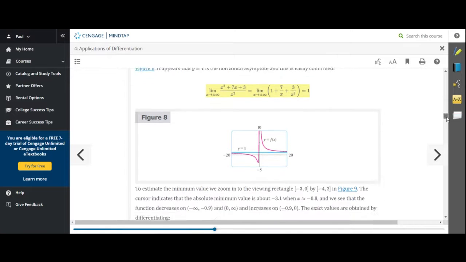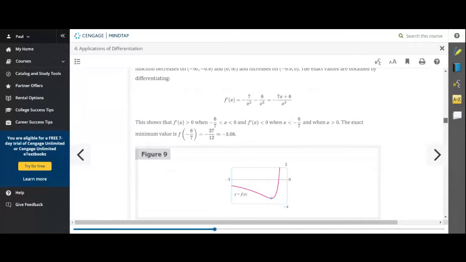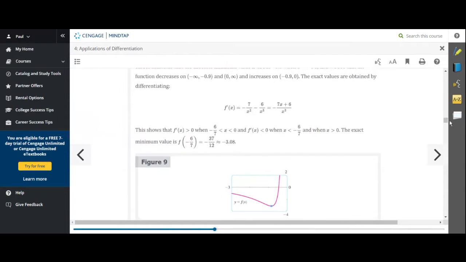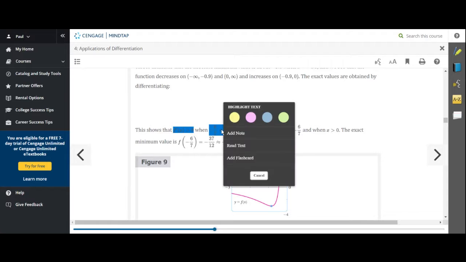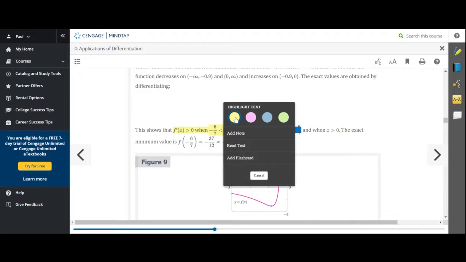And then they take the first and second derivatives. Here's the first derivative of our function. F prime of x will equal negative 7x plus 6 over x cubed. It shows then that the first derivative is positive when x is between 0 and negative 6/7, and the first derivative is negative when x is less than negative 6/7.